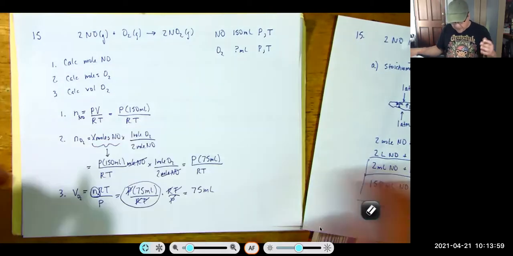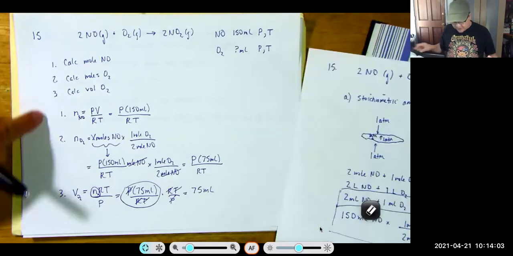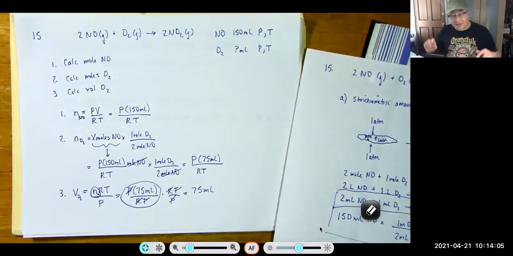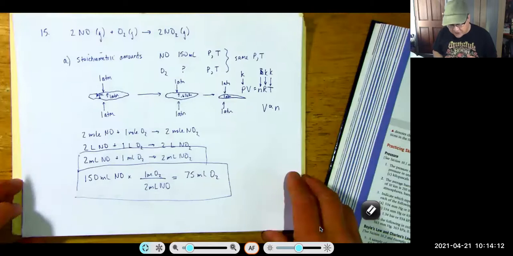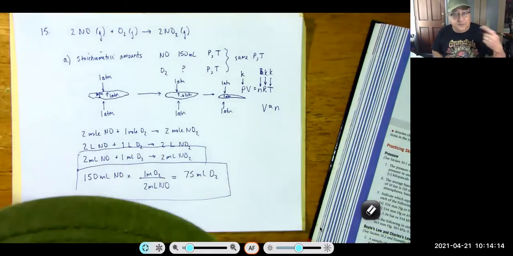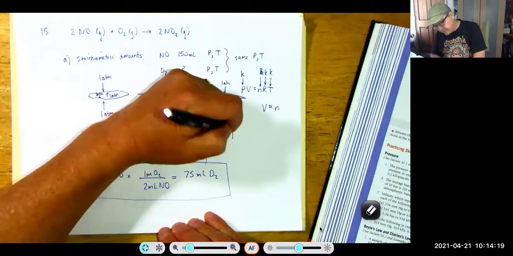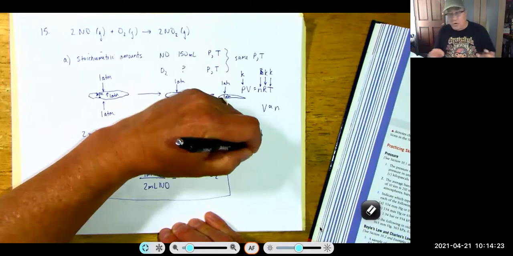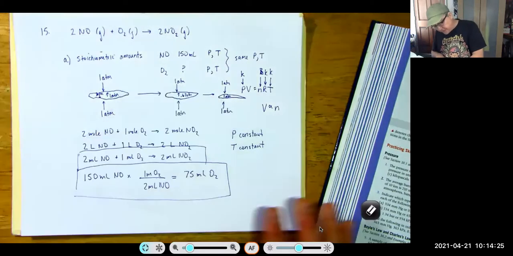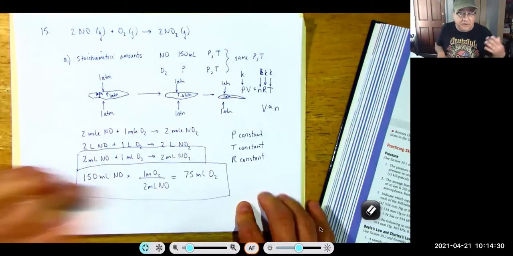So I guess the real question is, do you want to do it this way using PV equals nRT and these abstract ideas of P and T without knowing what they are? Or do you just want to realize that, in this particular situation, since the pressure is constant and the temperature is constant, and R is constant, the only 2 other variables are V and n.